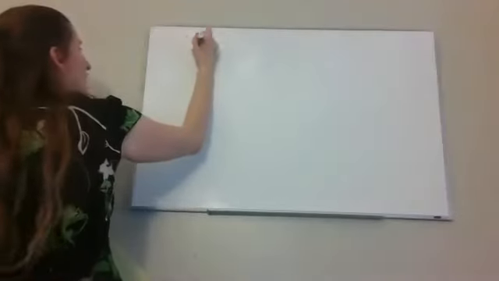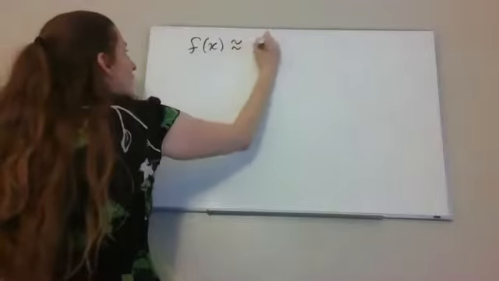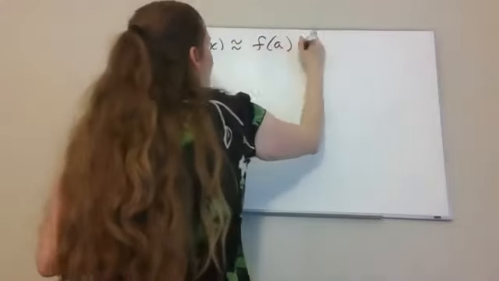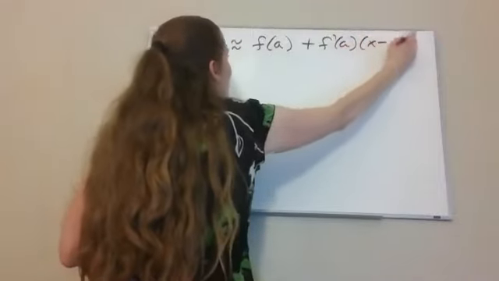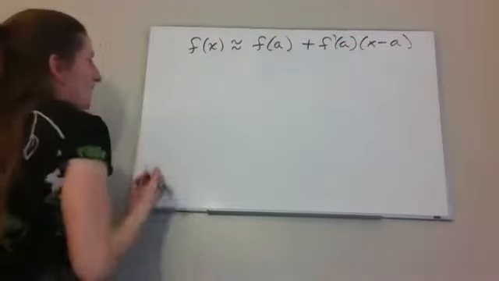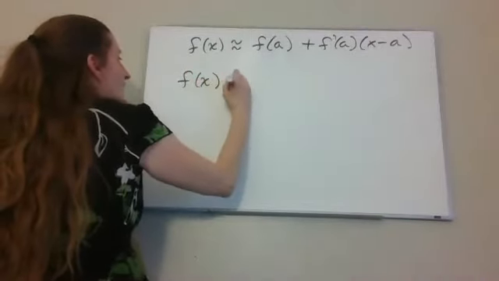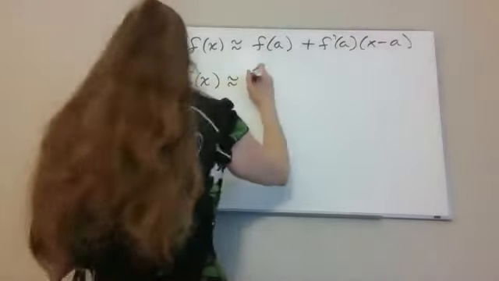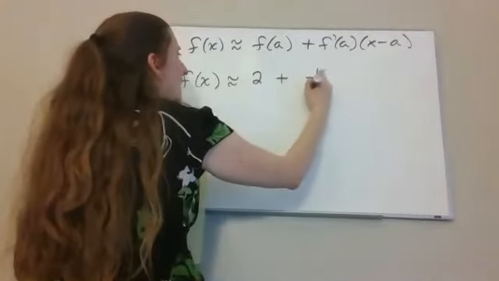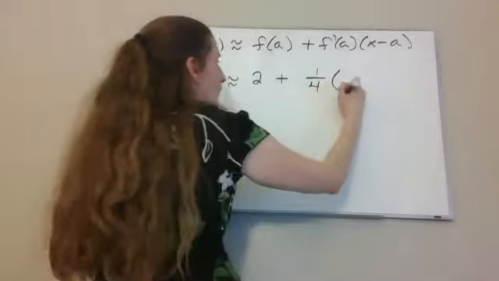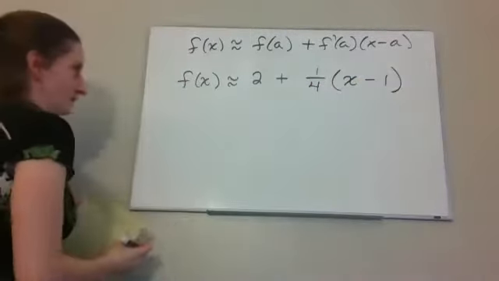My linearization is f of x is approximately equal to f of a plus f prime of a times x minus a. Again, this is just your tangent line. So I get f of x is approximately equal to f of a, which was 2, plus f prime of a, which was 1/4, times x minus a, which is 1.